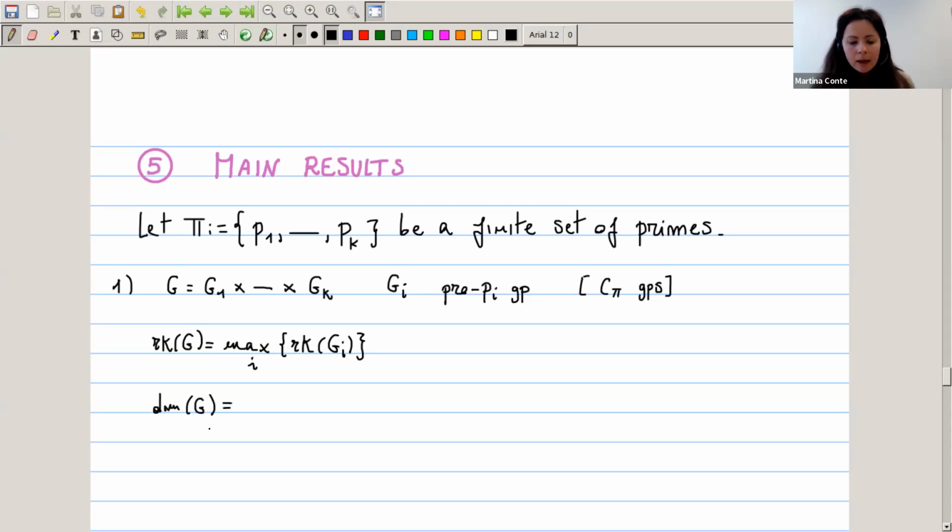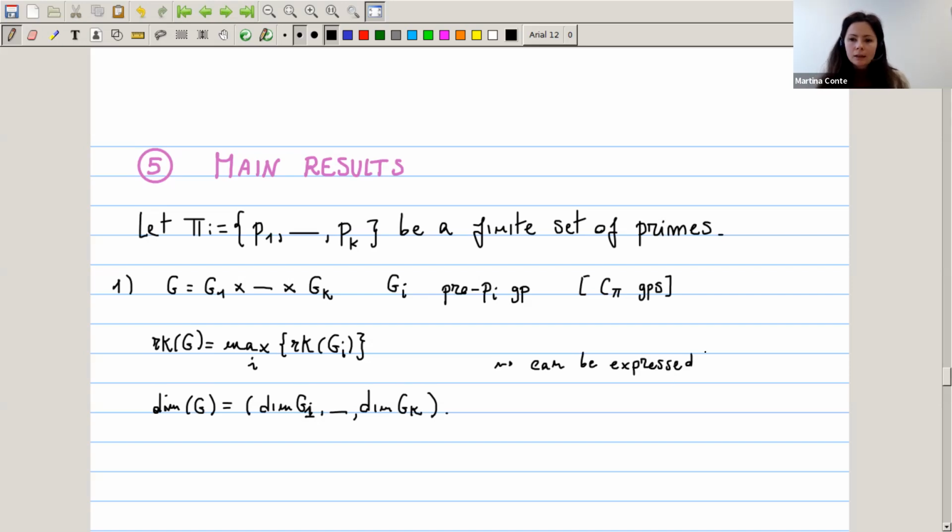Well, in this case, we consider what we could call the dimension vector of these groups that has in each component the dimension of the corresponding pro-pi group. So what we showed is that also in this case, rank and dimension can be expressed by a single first-order sentence.